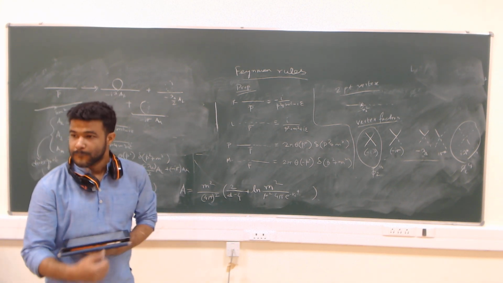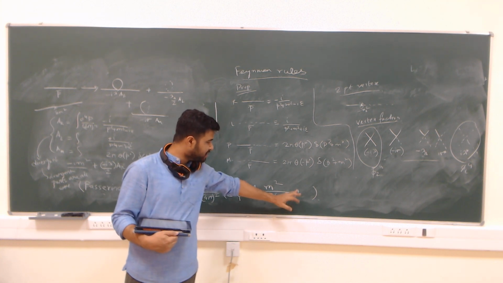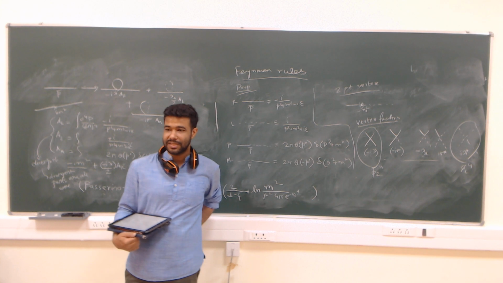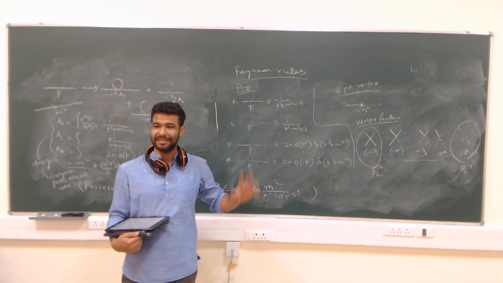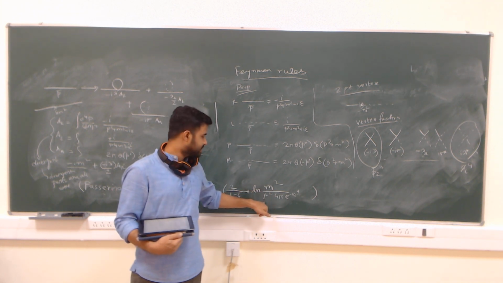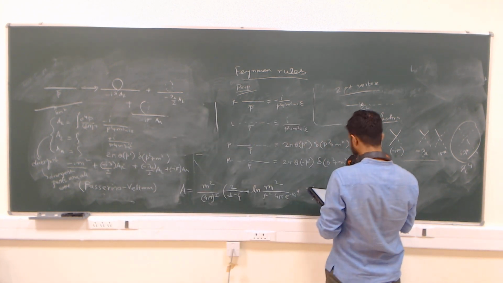Mu square 4 pi e to the power minus gamma e here. These are just parameters which will come when you do the integrations. Mu square is the energy scale that we are going to be using. These are not going to be very important.